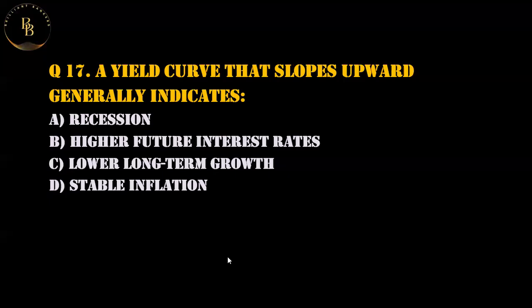It is higher future interest rates. That is, an upward slope means investors expect higher inflation and rates in the future. Normal in growing economies. Whenever the yield curve goes upwards, there are chances that higher future interest rates will happen.